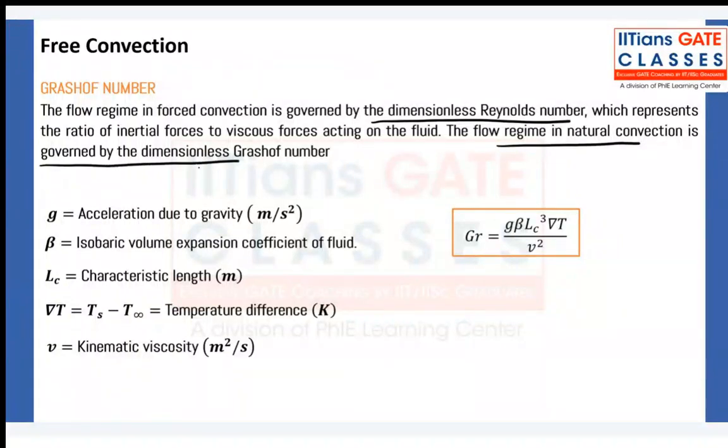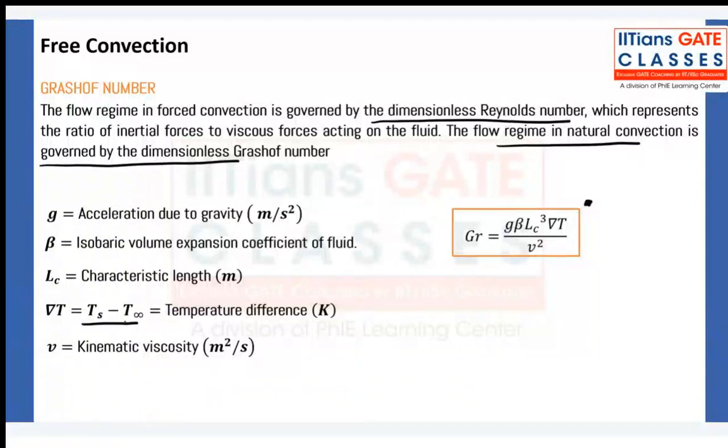Yesterday, I think, we did the derivation for it, right? Reynolds number in terms of buoyancy forces and viscous forces. So we did the derivation and we defined this. Here delta T is surface minus T infinity, the temperature difference.